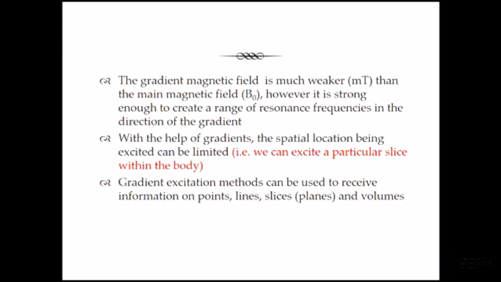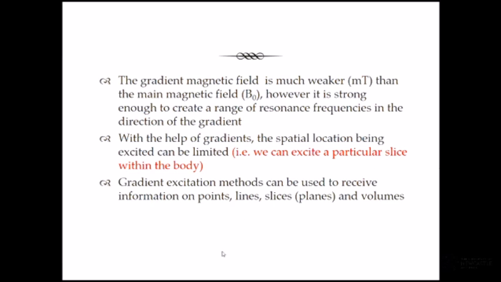So if we're applying our gradient from head to feet, we're changing it in a known way. With the help of the gradients, the spatial location being excited can be limited. So we only excite a slice 1 centimetre above the umbilicus, which is 5 millimetre thick, based on the resonance frequency.